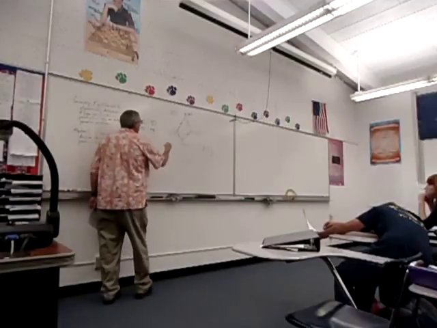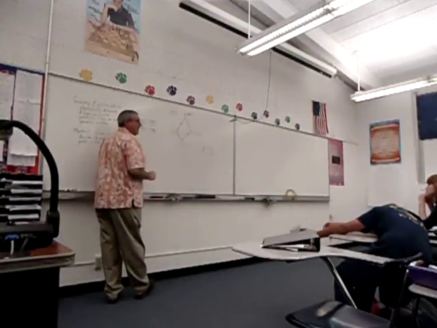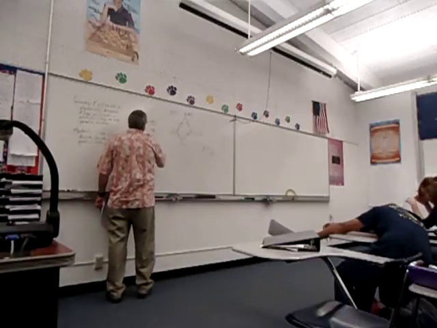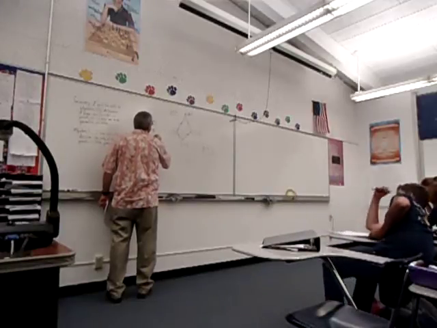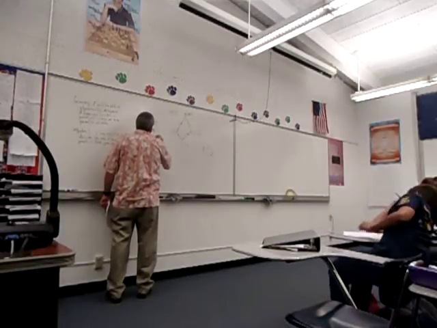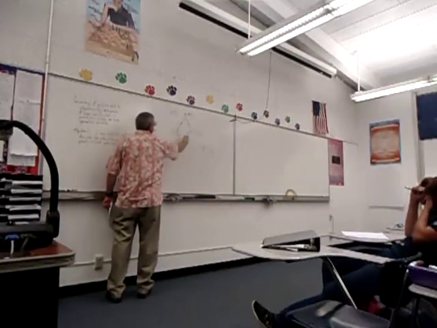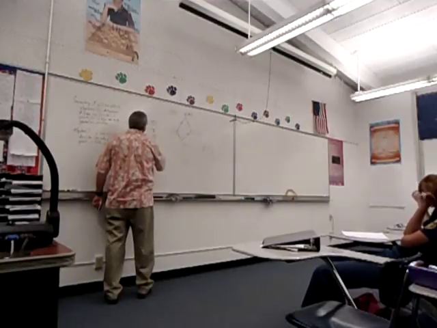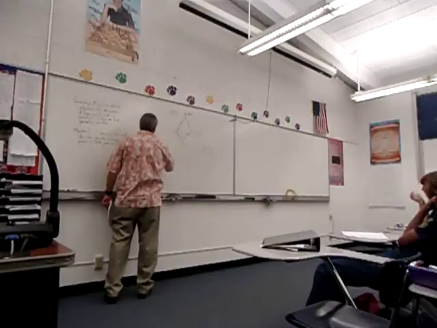Then I want to know, are these two sides perpendicular, right? Because if they're perpendicular, that's going to be a right angle. So I need to know, is AD perpendicular to CD? That's this one. AD perpendicular to CD. Is AD perpendicular to AB?